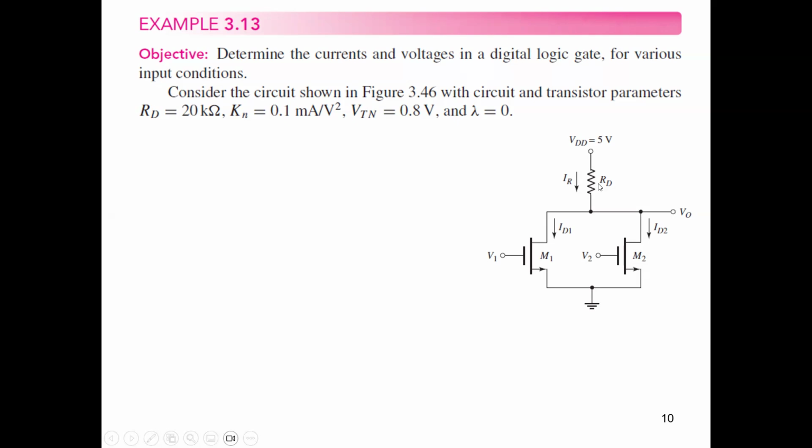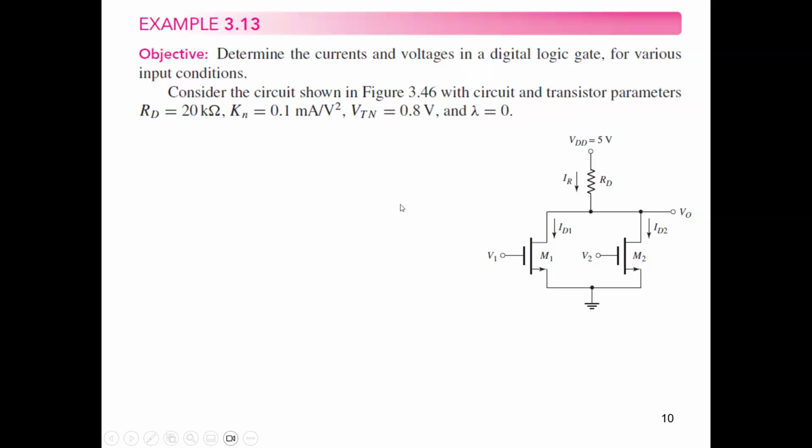RD equals 20K, VDD equals 5 volts, and we apply different voltage levels to V1 and V2. VTN is given as 0.8, lambda is assumed to be 0, and Kn is 0.1 milliampere per V squared.